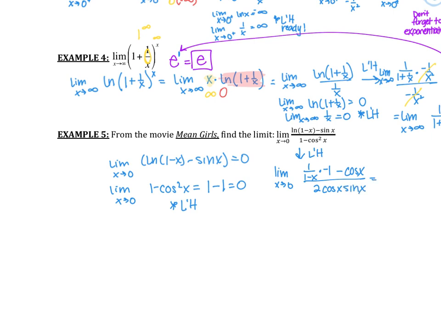If we substitute in 0 now, we get negative 1 minus 1, and then over 0, so we get negative 2 over 0, and that does not exist. If you remember in the movie, she said the limit does not exist, and that's her final answer. Won't ruin the movie, I guess, but I thought that was kind of fun because it uses L'Hopital's rule.